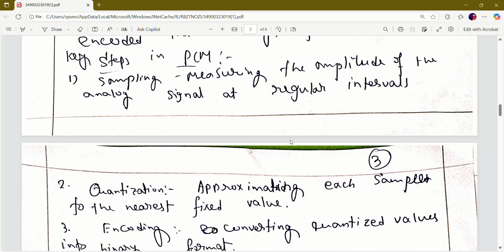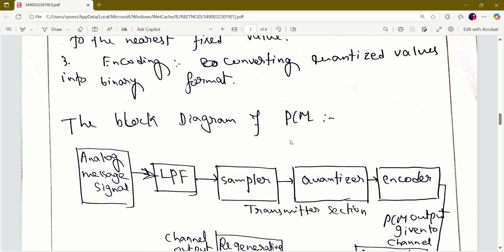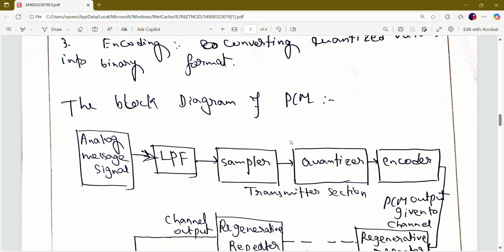First, the signal is processed through a low pass filter to limit the bandwidth, as we see from the block diagram of PCM. Then it goes to the sampler, which samples the signal at the Nyquist rate.